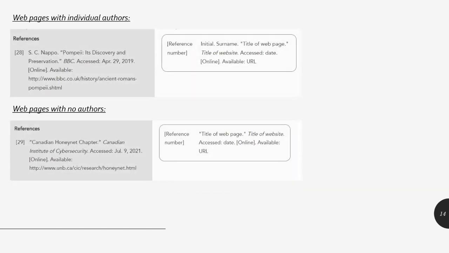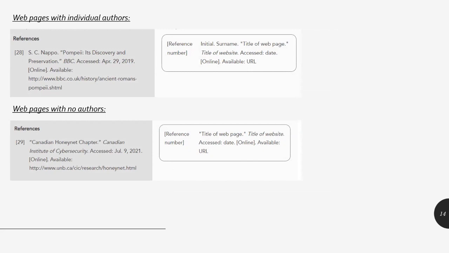Moving on, let's have a look at how we reference web pages with individual authors. So websites are no different from articles, except that when we are referencing a website, we are just going to have the title of the web page and the title of the website.